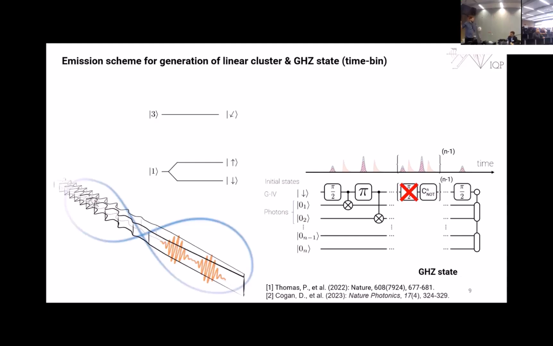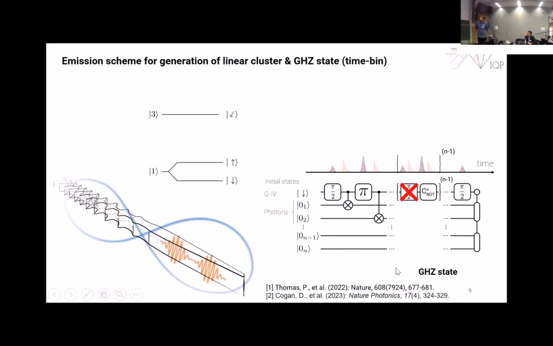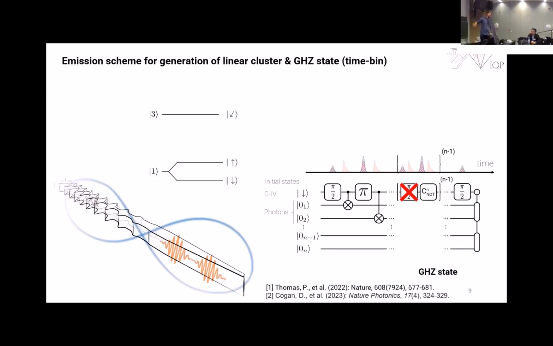And this has already been achieved with quantum dots and atomic sources in these really seminal works quite recently. But so far it has not been done with color centers. So this is an emission-based scheme.